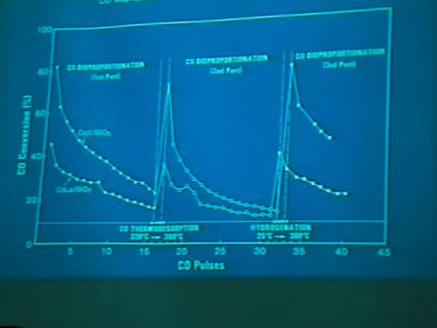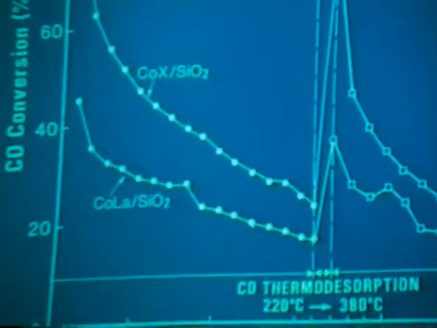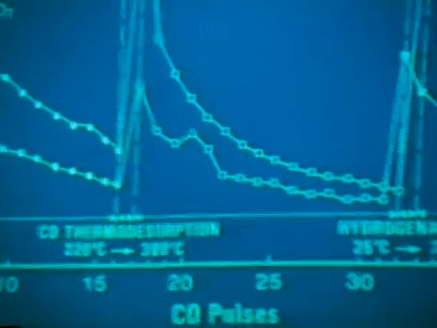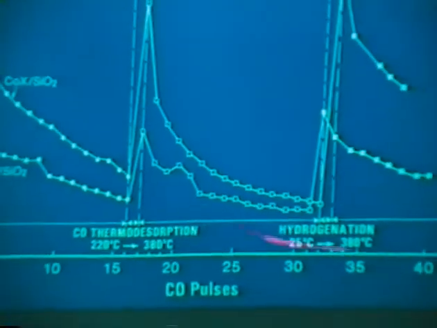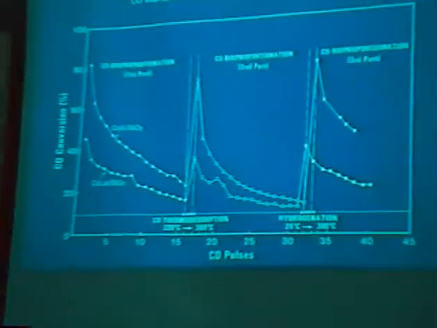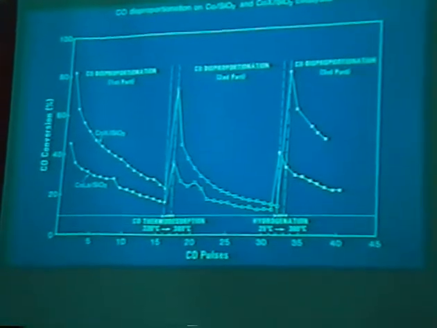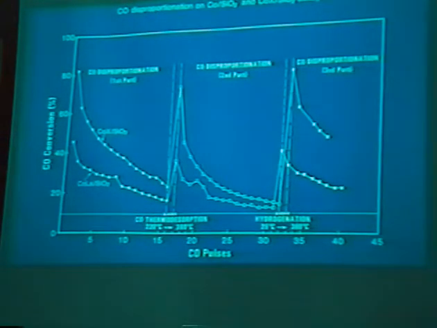So what we did is do 3 different CO disproportionation experiments, and in between looking at CO thermal desorption here, and here hydrogenation of the surface carbon which is formed since you disproportionate CO into CO2 and surface carbon. So this series of experiments allowed us to determine the activity of different cobalt-based catalysts in CO disproportionation to CO2, in surface carbon formation, and also the amount of CO that was chemisorbed on the catalyst.